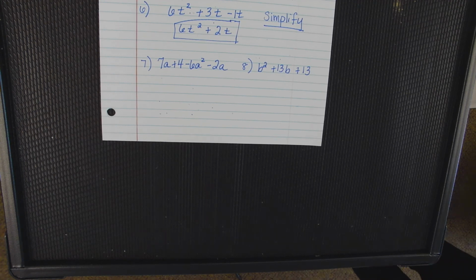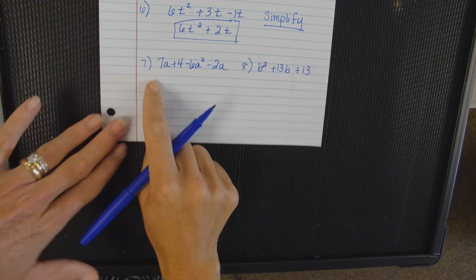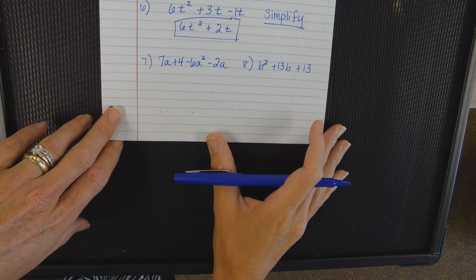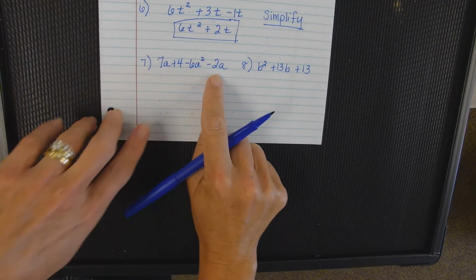Y'all ready? All right, number 7. Anybody want to do it? Oh, don't tell me. Okay, tell me. Haley, go for it. 9a plus 4 minus 6a squared. Okay, be careful.